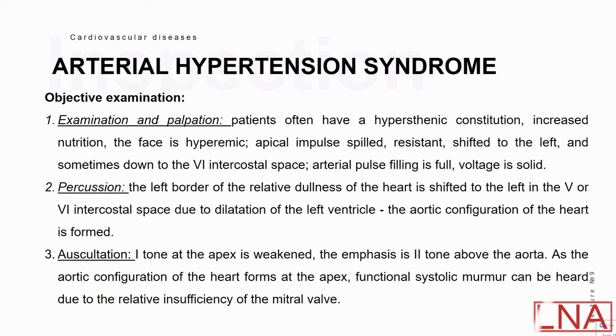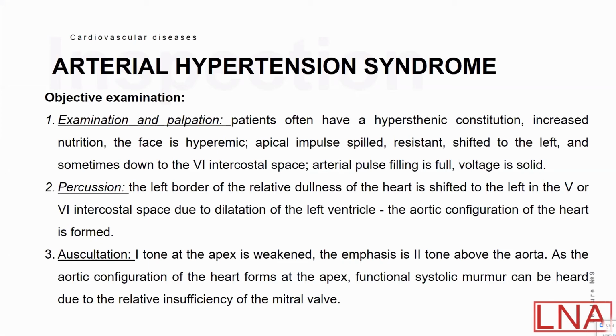During percussion of the heart region, we will determine that the left border of the relative dullness of the heart is shifted to the left, in the 5th or 6th intercostal space, due to dilatation of the left ventricle. The aortic configuration of the heart will be formed due to dilatation of the left ventricle and amplified weight of the heart. During auscultation, the first tone at the apex will be attenuated.